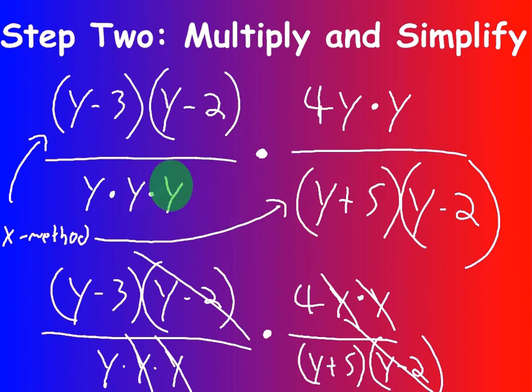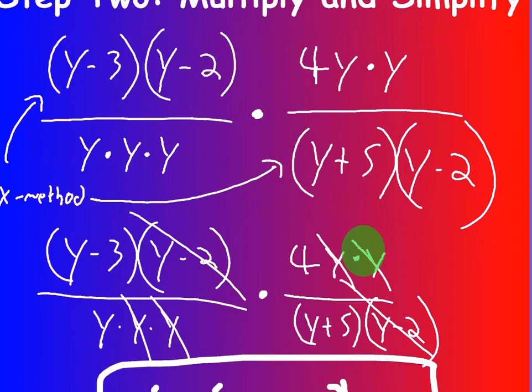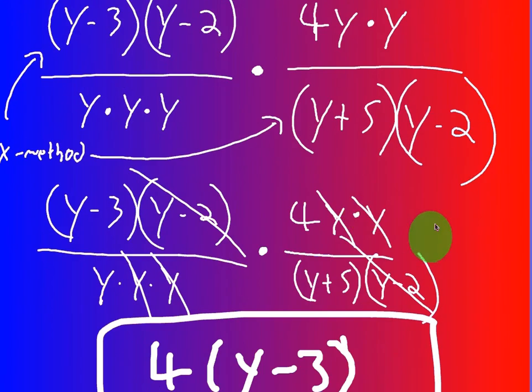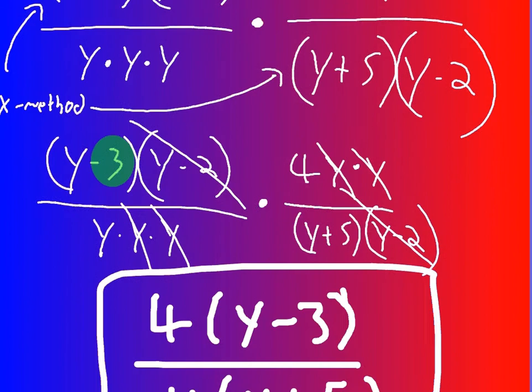You're just going to end up with 1y on the bottom. These two y's will cancel. So I was just breaking it down a little bit more. And once all of that cancels, you're still going to have a 4 on top, and you're still going to have a y minus 3. On the bottom, you'll just have a single y and a y plus 5.